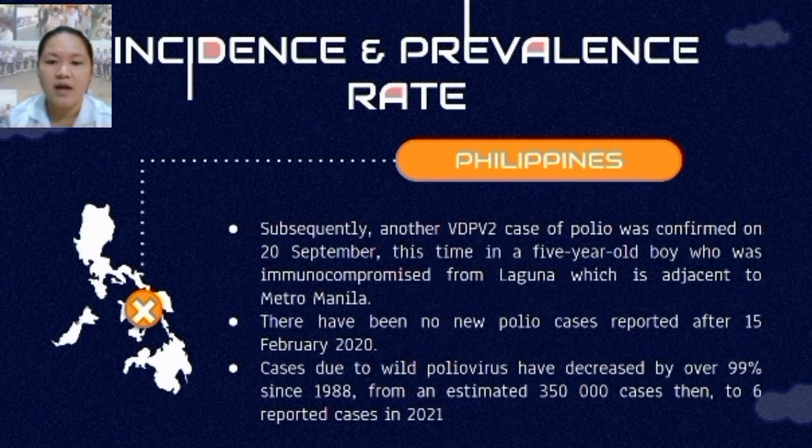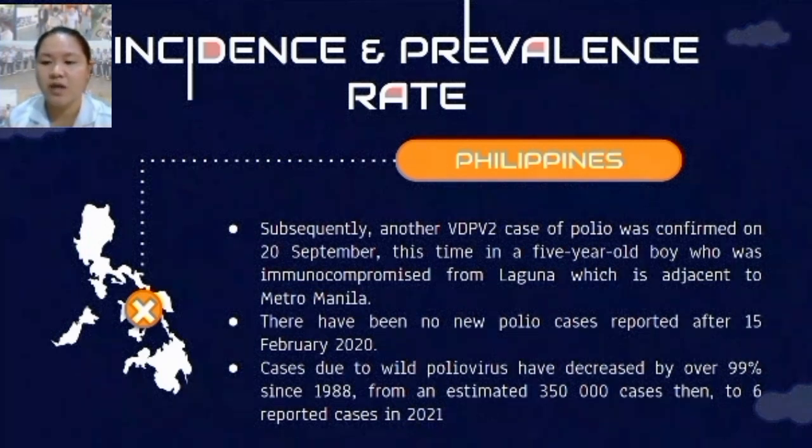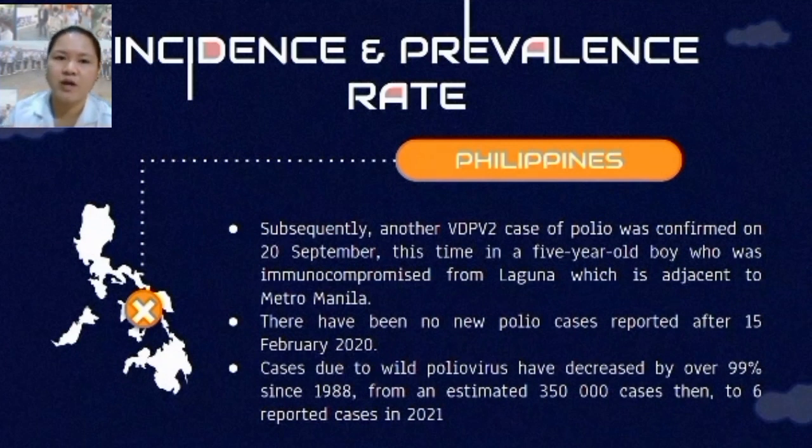And subsequently, another VDPV2 case of polio was confirmed on September 20, this time in a 5-year-old boy who was immunocompromised from Laguna, which is adjacent to Metro Manila. So it was not an outbreak affecting such cities.